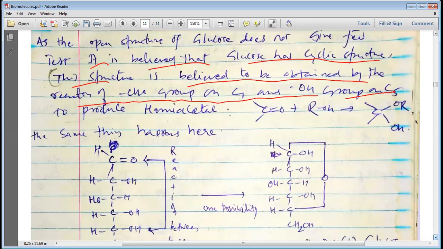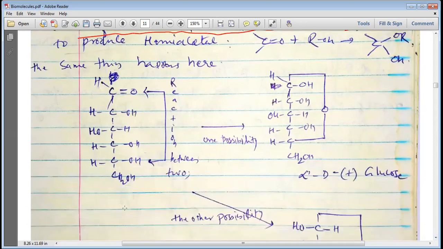Let us look at the open chain structure of glucose. This is the open chain structure of glucose. This is carbon 1, 2, 3, 4, 5 and 6. The C double bond O group is present on the first carbon, and the fifth carbon has an OH group.